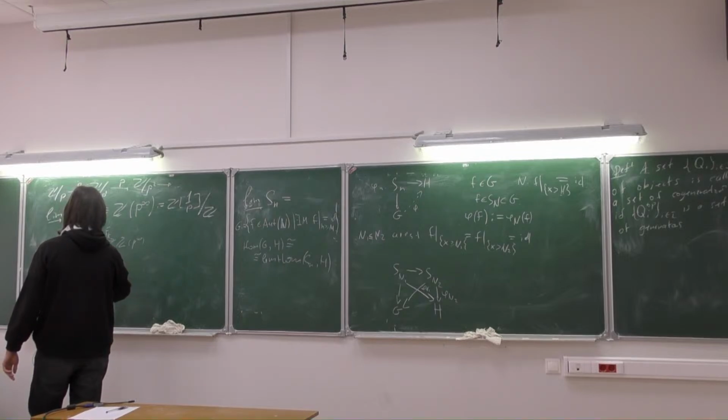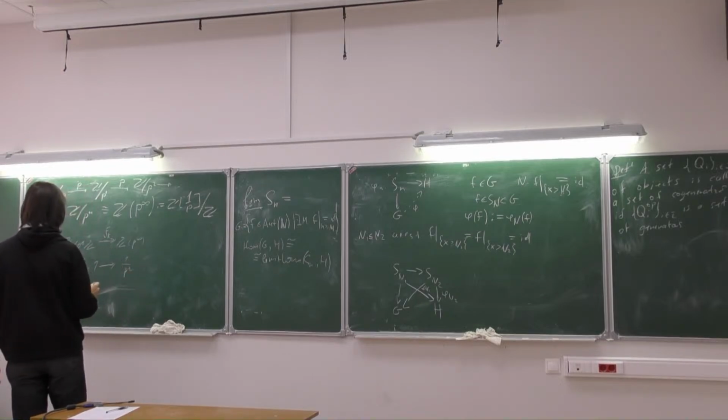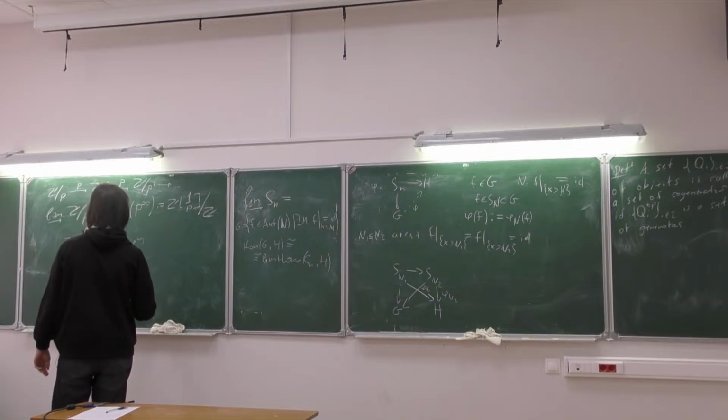It sends 1 to 1 over p to the power k. So it is a group homomorphism.